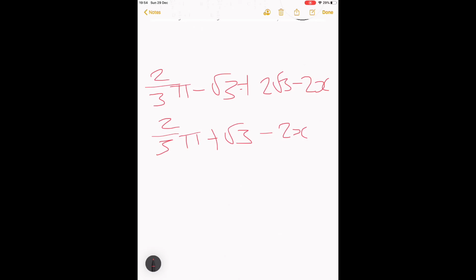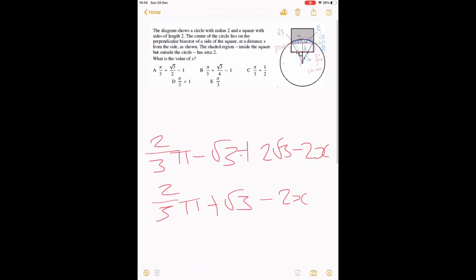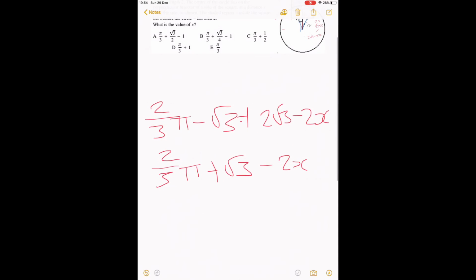But then we also know that the area of the whole square is 4 because the side length of the square is 2 and 2. And we've already been told in the question that the shaded region that's inside the square but outside the circle has an area of 2. So really, 2 over 3 pi plus root 3 minus 2x should equal 2.